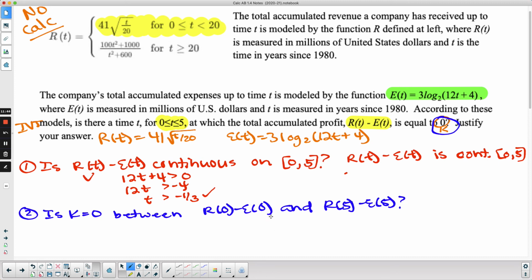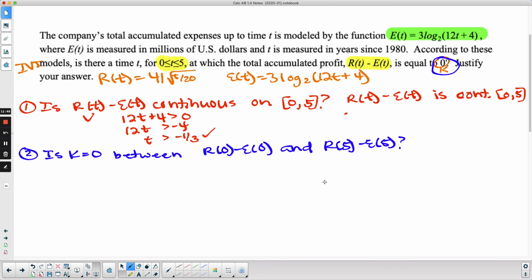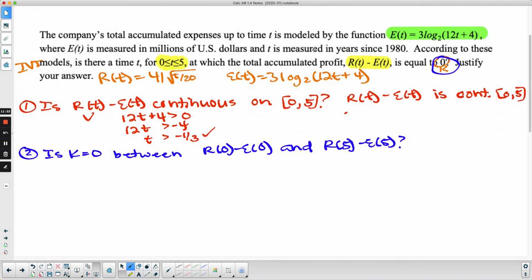Okay, so now we have to do some math. So now we have to find R of 0 minus E of 0. So R of 0 is going to be 41 root 0 over 20 minus 3 log base 2 of 4, right? 12 times 0 is 0 plus 4, okay?